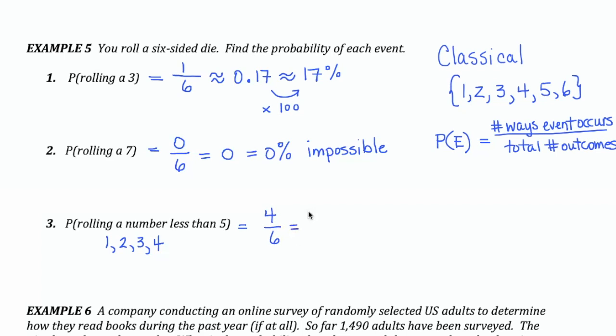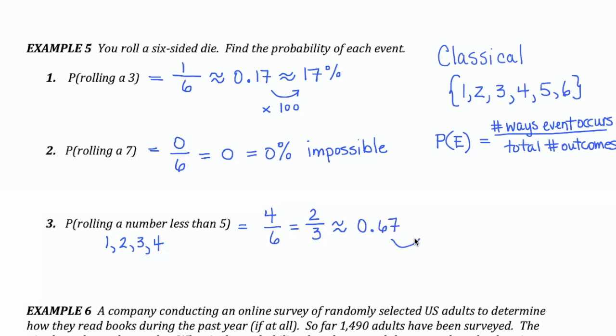Now, you can reduce the fractions, although sometimes when doing probability, it's better not to. But it is okay if you do. You can pick up a calculator, get the decimal approximation, which to two places would be 0.67.